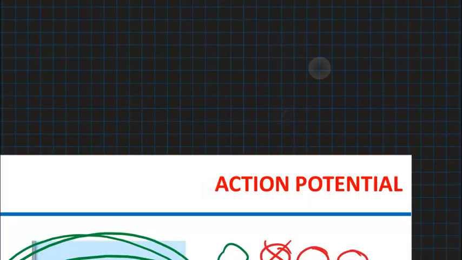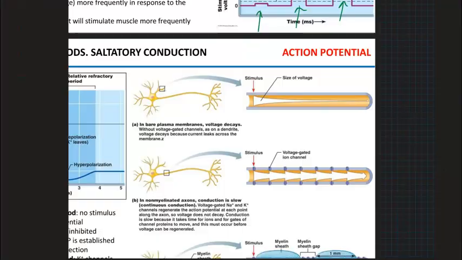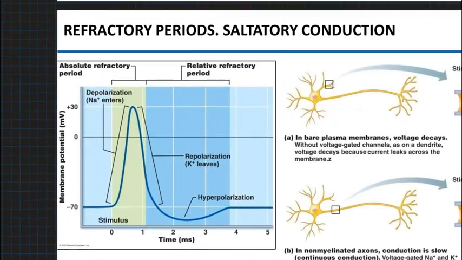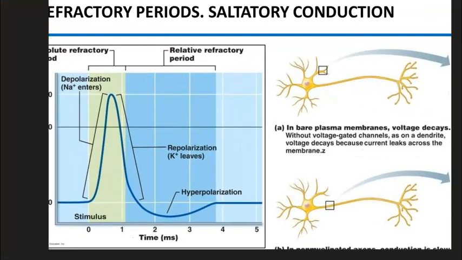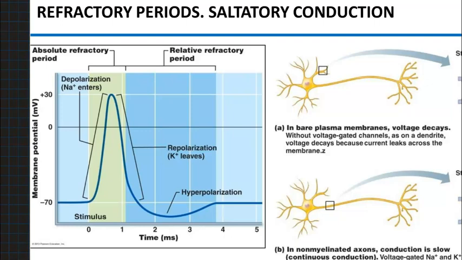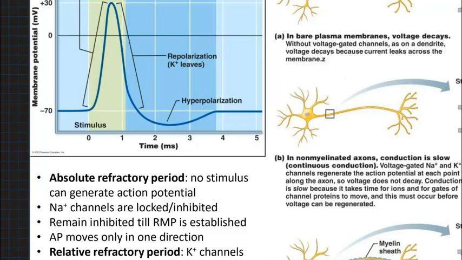The period of time when the sodium channel is inactivated is called the absolute refractory period. Nothing can generate an action potential. And that explains why the action potential moves in only one direction.